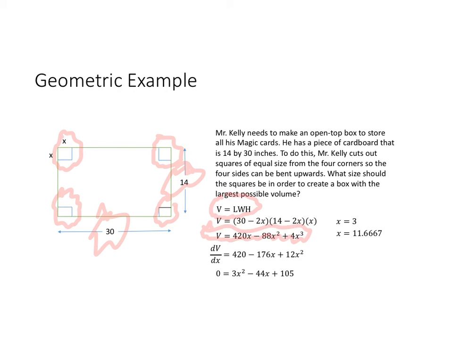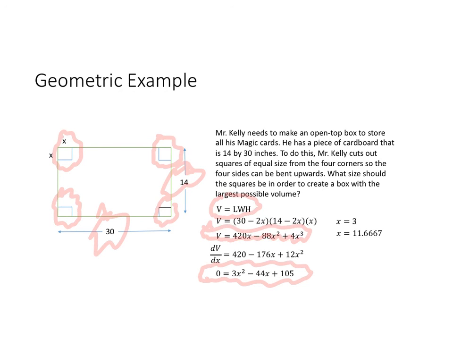Well, kind of an ugly looking cubic, but if we take the derivative of that, we end up with 420 minus 176x plus 12x squared. Now, you set that equal to 0 to find out the critical points here, and you simplify it, and we end up with this, 3x squared minus 44x plus 105 is equal to 0.